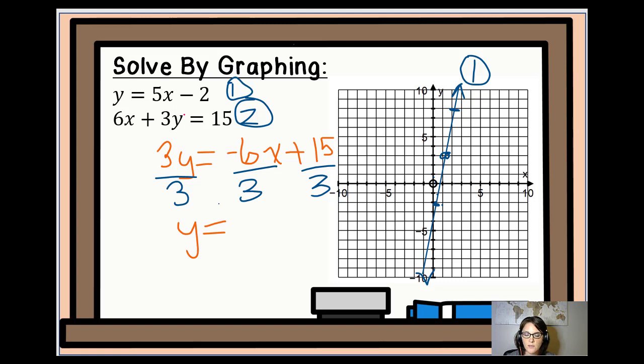So here, y equals -2x plus 5. Okay, now we can go ahead and plot this new line.